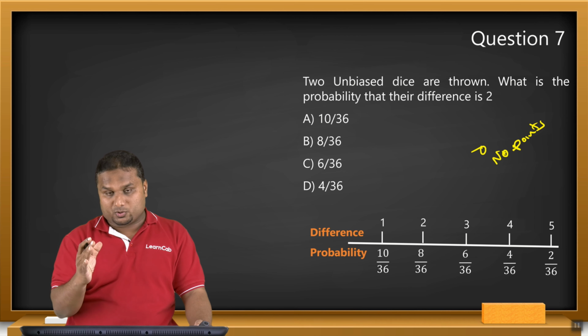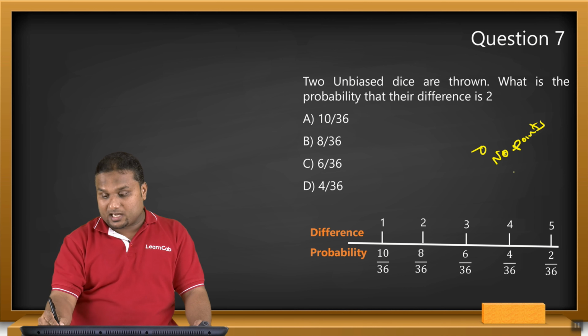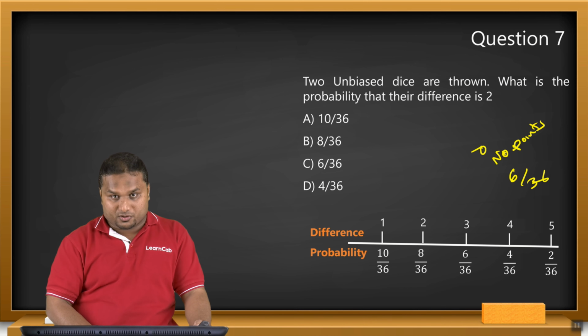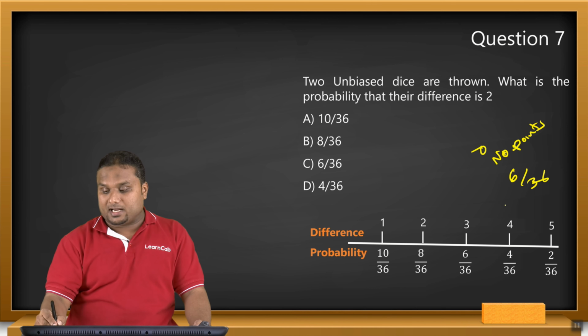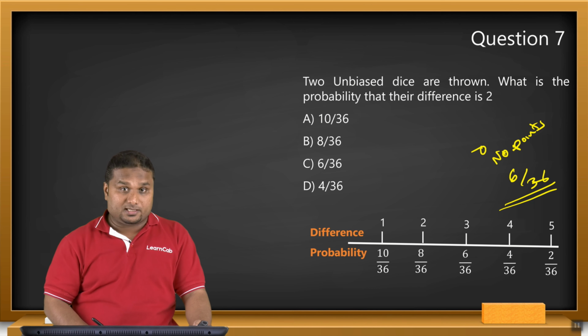Then 2 and 2, 2 minus 2, difference is 0. 3 and 3, 3 minus 3, the difference is 0. 4 and 4, 4 minus 4, difference is 0. 5 minus 5, the difference is 0. 6 minus 6, the difference is 0. So difference of no point means difference is 0. So there are 6 outcomes. The answer of this question is 6 by 36.